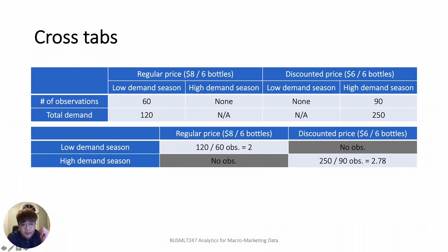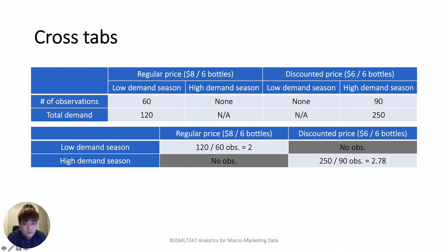And I reshaped the first table into the second table to show the average demand per observation by season-price combinations. In this example, the table shows we observed the regular price only in the low demand season and the discounted price only in the high demand season.